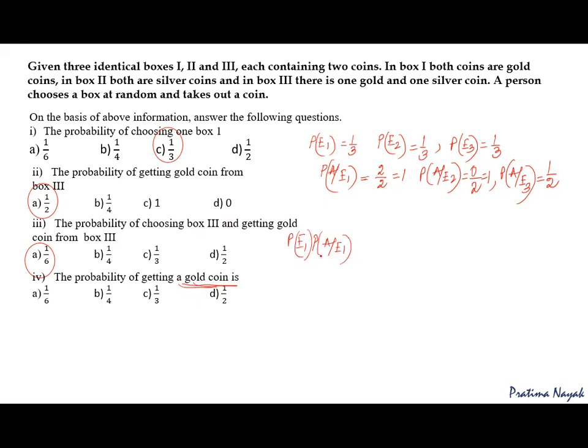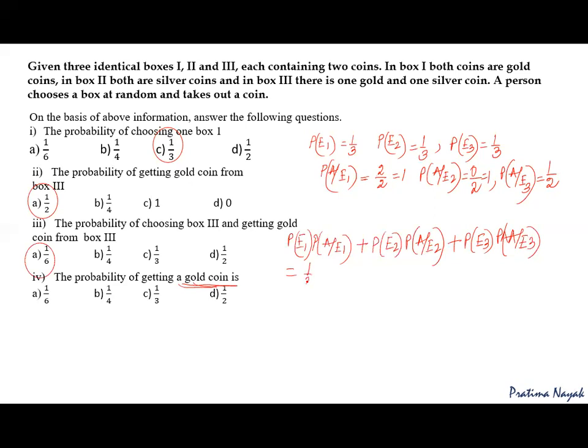First box and gold from the first box. Or this will be the probability of the second box multiplied by gold from the second box. Or it may be from the third, probability of the third box and gold from the third box, which we call the total probability. How much will it be?